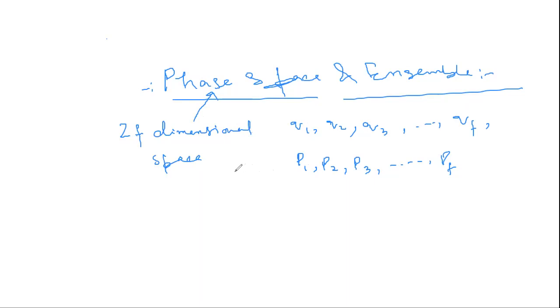That means we can predict all the future states of the system, and also all the previous states through which the system has gone to reach that particular state. Then we talked about the idea of the cell.